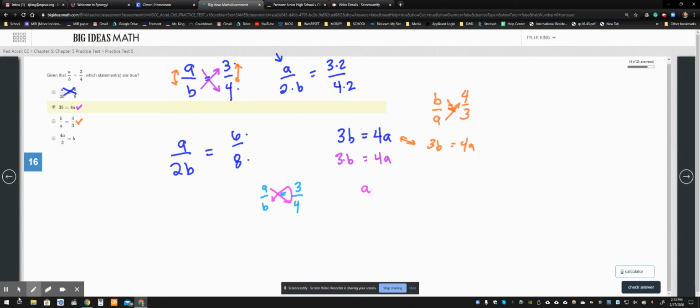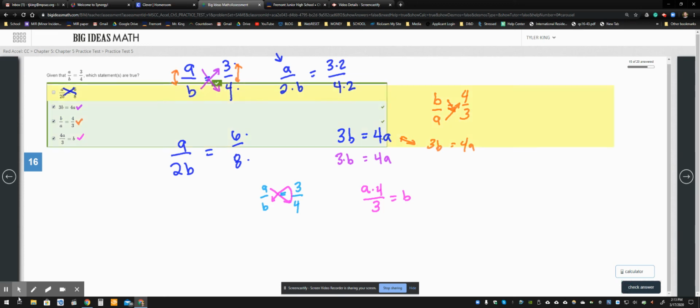So a times 4 divided by 3 equals b, which is the same thing as 4a divided by 3 equals b. So this one also works, right? They used cross products, they just flipped the fractions upside down, and then they also did their proportion method here. So we should be able to check all three of these and see if they work. And we are good. Wonderful.